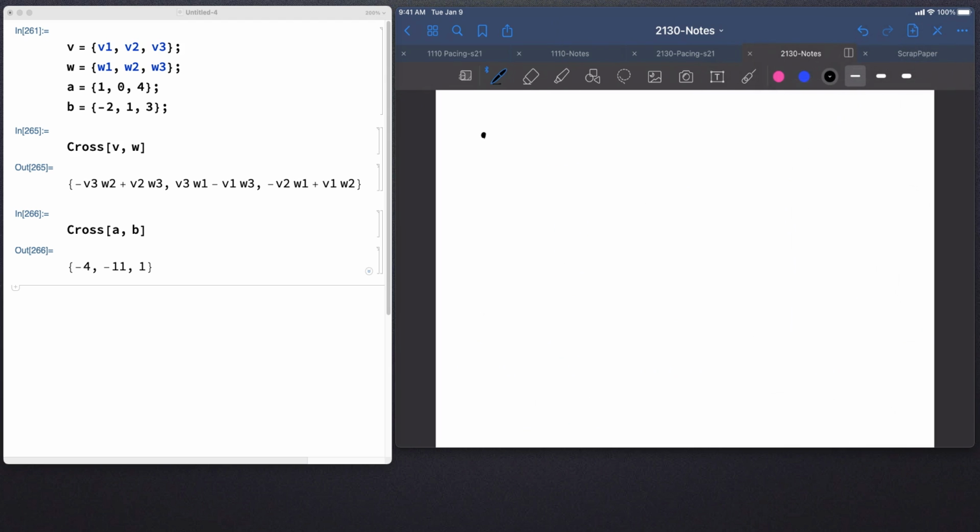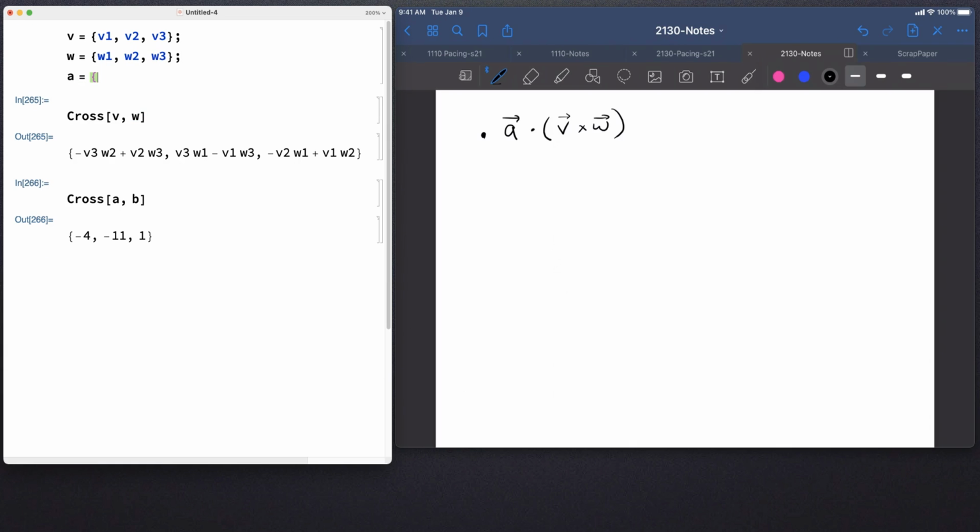If you bring in a third vector, there's an interesting computation that we can do and another interpretation of the cross product, but it also happens to bring in the dot product as well. So let's say that you have the vector A, and you have the vector V, and then you have the vector W. Let me say that A is just some general vector, A1, A2, A3.